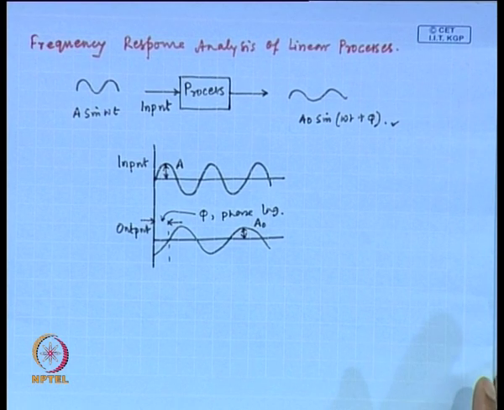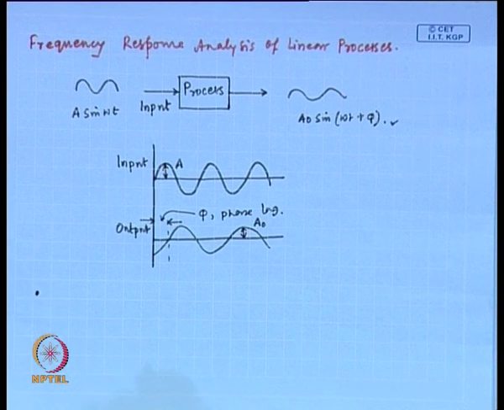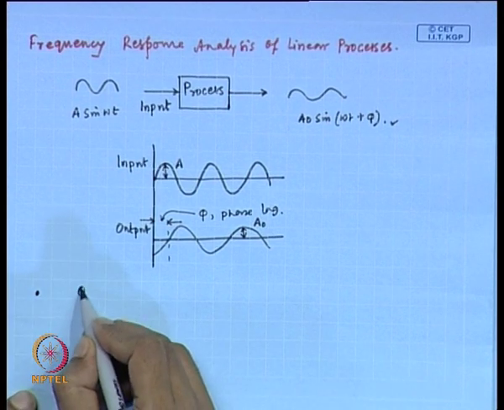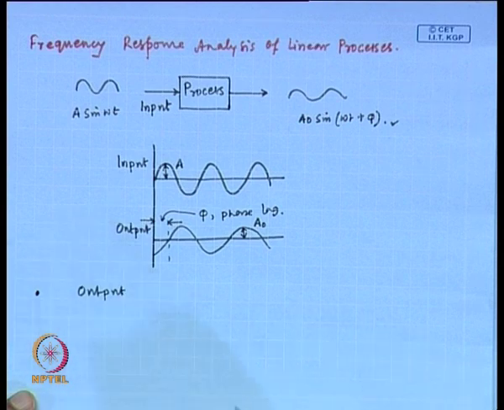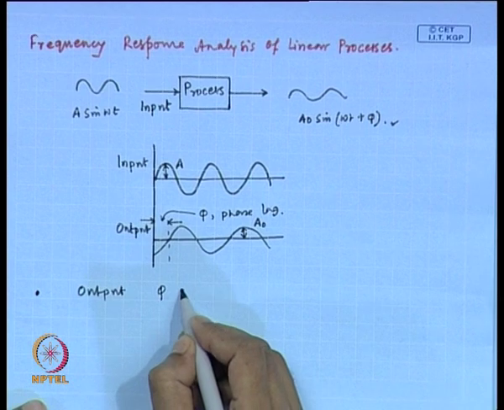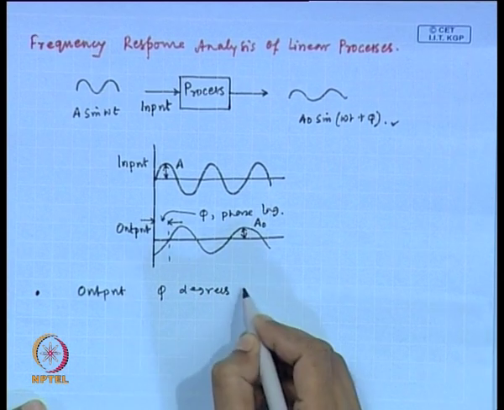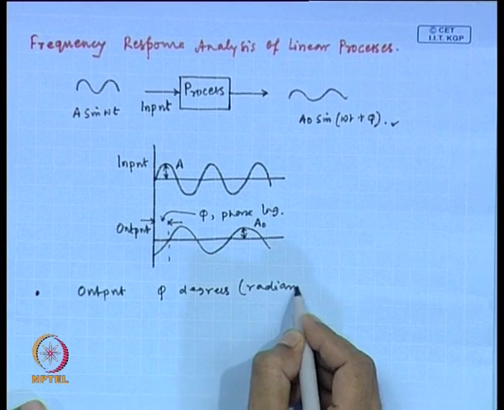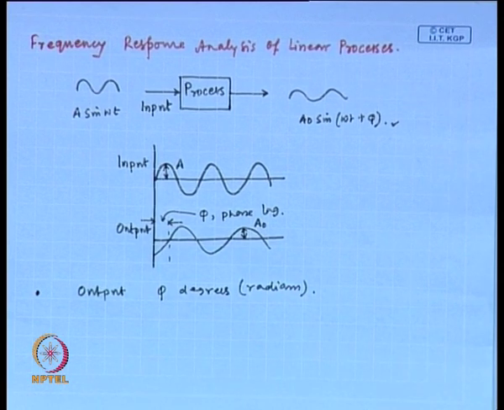Fine, these are two waves. Now, it is obvious that both the input and output are sinusoidal, and the output is out of phase by phi degrees or radians.